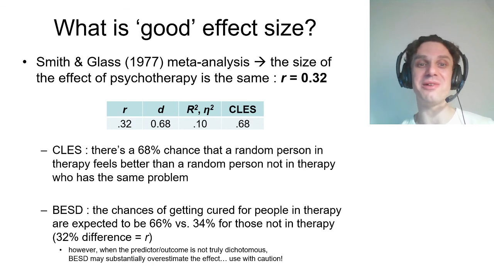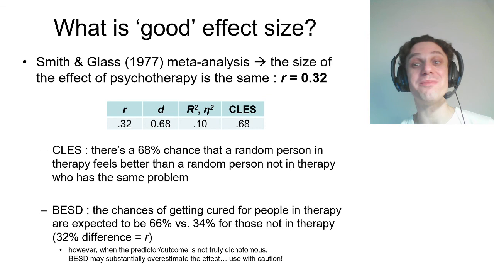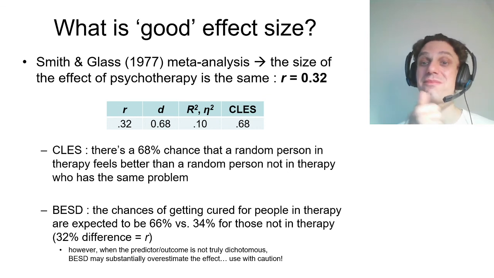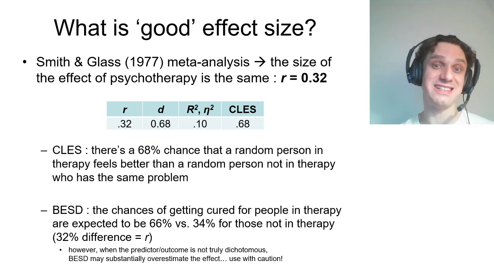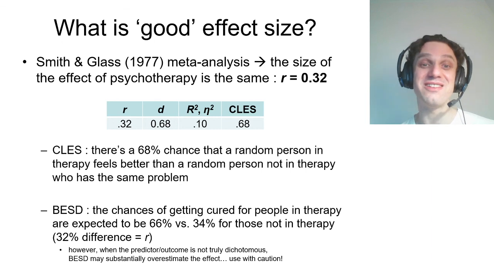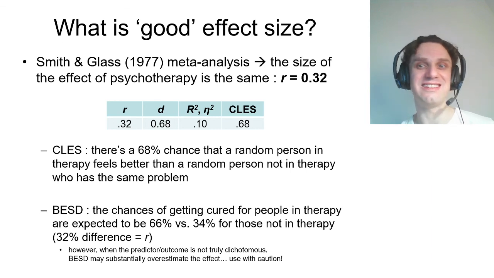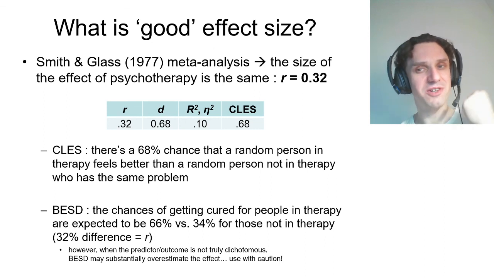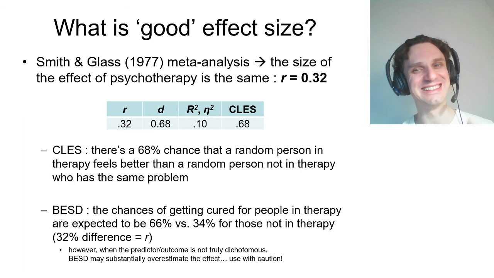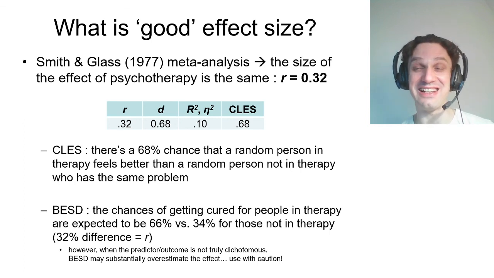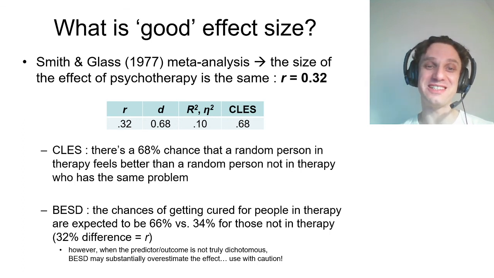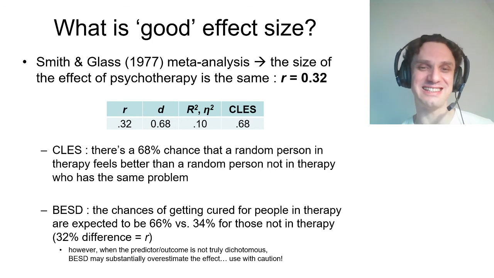So we can use common language effect size. And we can say, let's take a random person who is in therapy and a random person who is not in therapy but has the same problem. So there is a 68% chance that the person who's in therapy is feeling better. Is it worth paying your money for psychotherapy? Probably yes.